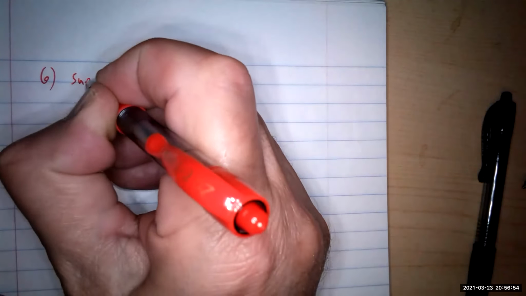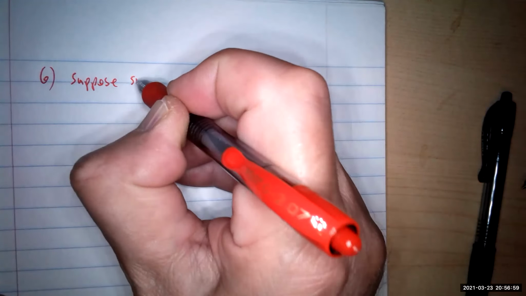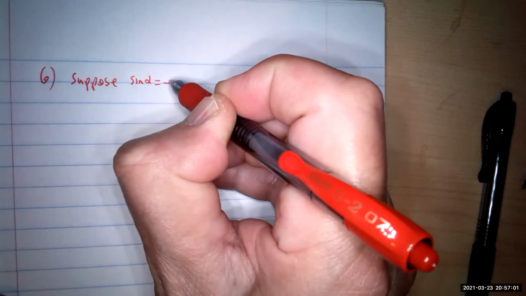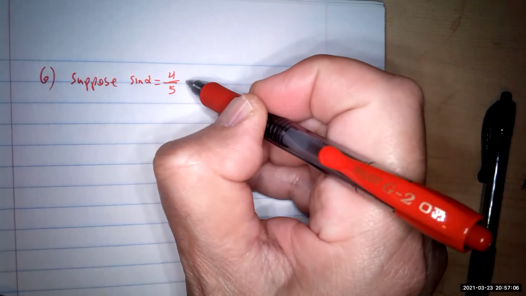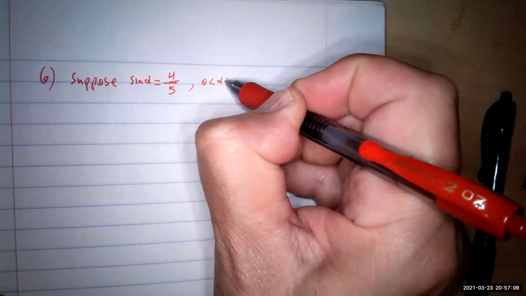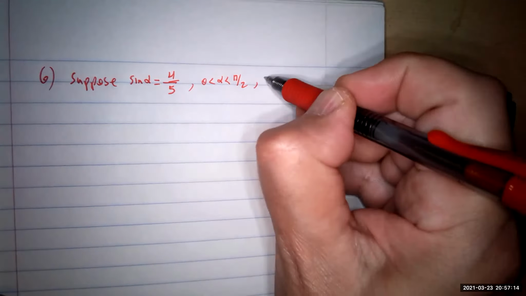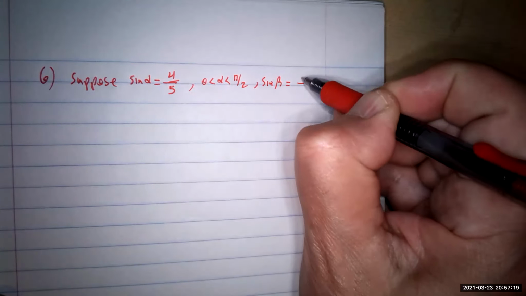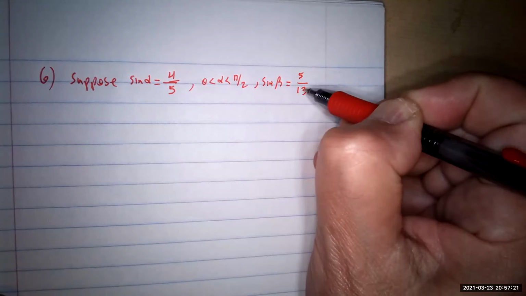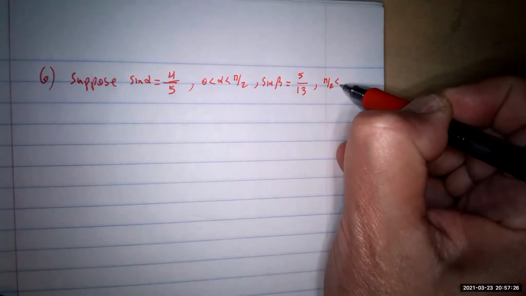Okay, so the question is going to be, suppose sine of alpha is given to you. The sine of alpha is equal to 4/5, and alpha is between 0 and pi/2, first quadrant. And we have the sine of beta. The sine of beta is equal to 5/13, and beta is in the second quadrant.